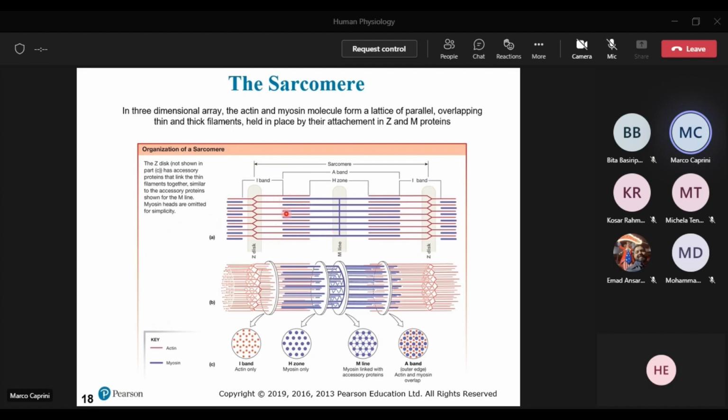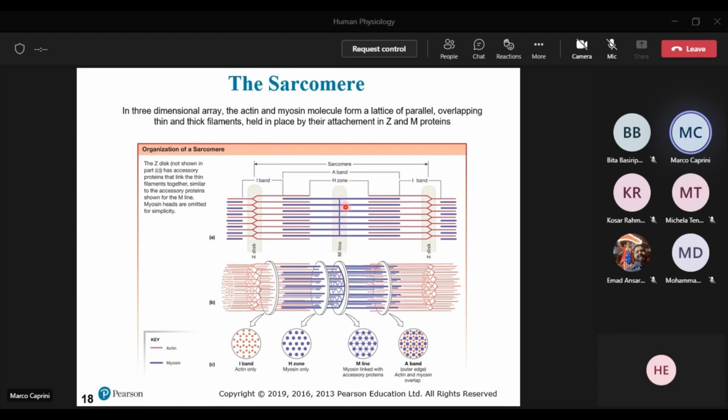One repetition of the pattern forms a sarcomere, the most important unit in the skeletal muscle. The sarcomere is the contractile unit of the myofibril, and we can appreciate here the three-dimensional array. The actin, the red one, and the myosin, the violet, form a network of parallel, overlapping thin and thick filaments that are held in place by the Z disc, and also the M line in the middle of the sarcomere.